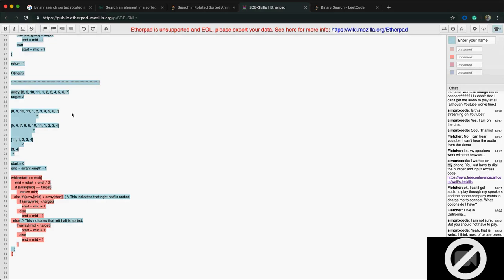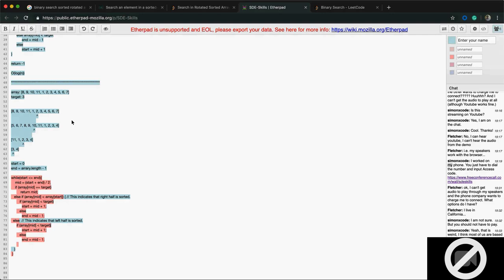And in the next array example, the 10. So here it's this example, right? Yeah. Next is 5, 6, 7, 8, 9, 10, right? So here the mid is 10, which is greater than target 3.